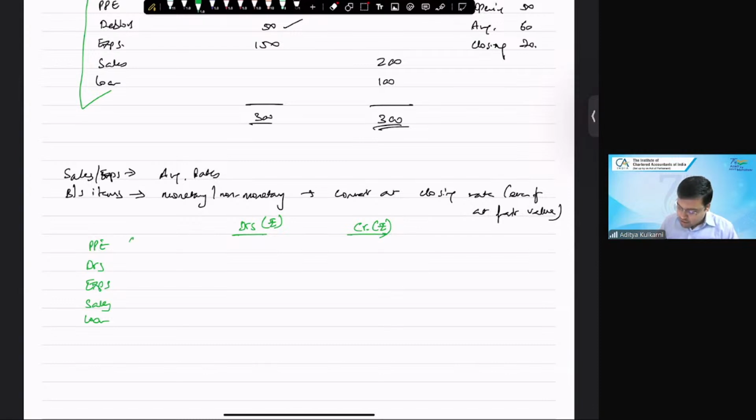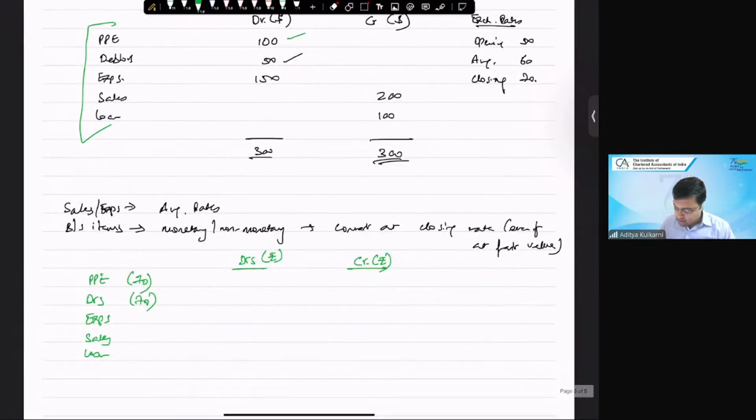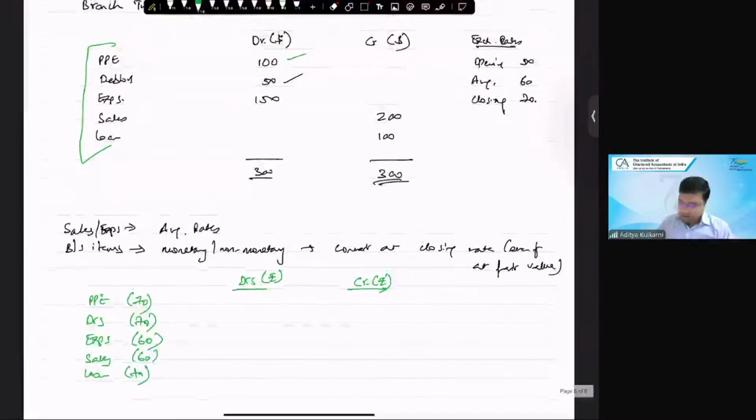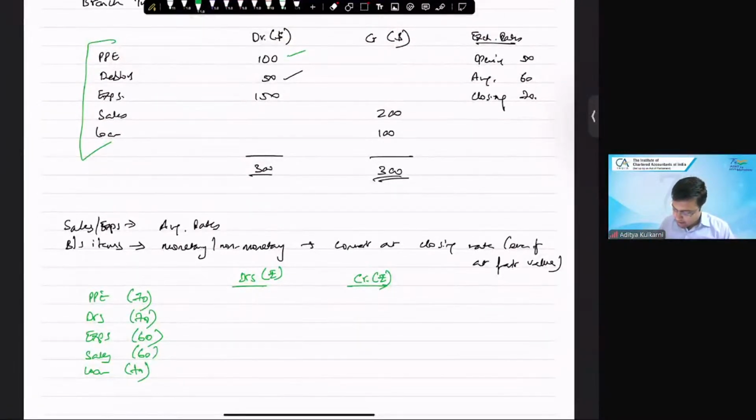Okay. So now property, plant and equipment. What rate do I use? Closing rate of 70, debtors closing rate of 70, expenses 60. Simple: 70 into 100, 7,000; 70 into 50, 3,500; 60 into 150, 9,000; 60 into 200 gives you 12,000.